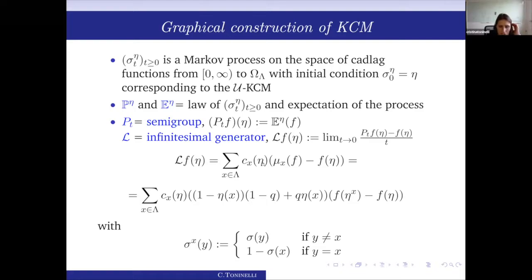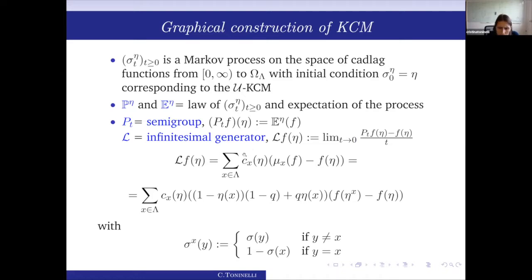So how can I change a configuration? If you recall what I said about the dynamics, on each site there is a Poisson clock, an exponential clock of mean time 1, and when the clock rings, if the constraint is satisfied, I do something, and if it is not satisfied, I do nothing.